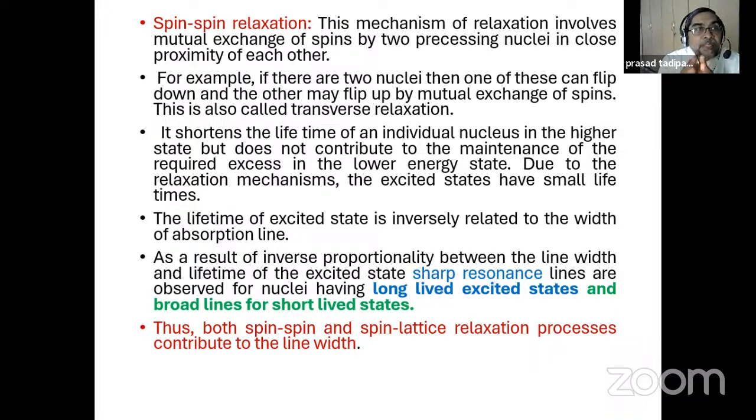Here they mutually exchange spins up and down, and this becomes a transverse relaxation. It shortens the lifetime of an individual nucleus in the higher energy state, but does not contribute to the maintenance of the required excess in the lower energy state.